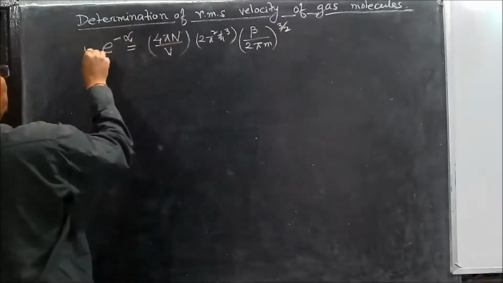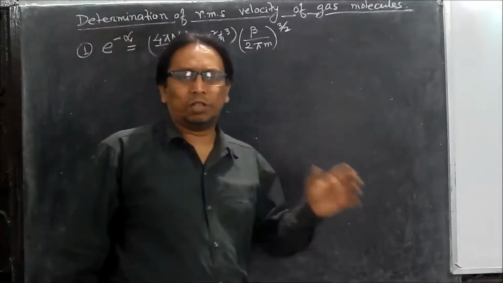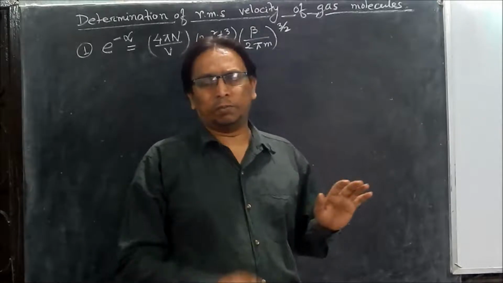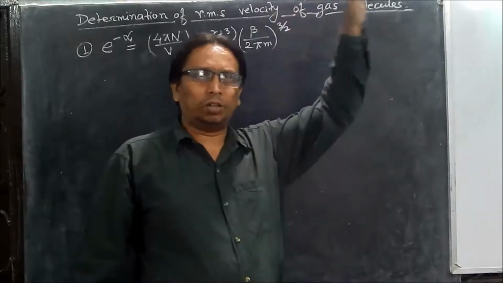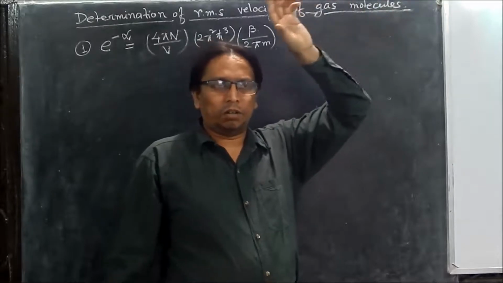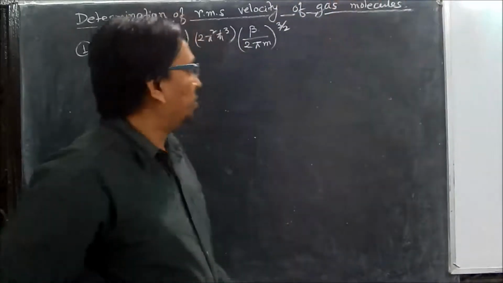So this one has already been derived, and those who have not seen those videos are advised to see the respective videos. At the top of the screen, a suggestion is given, so you can go to the respective video.